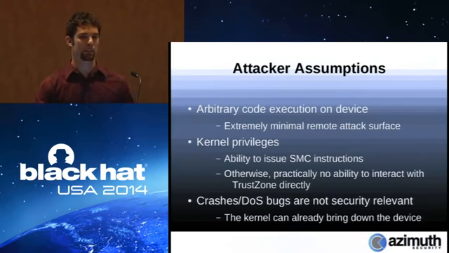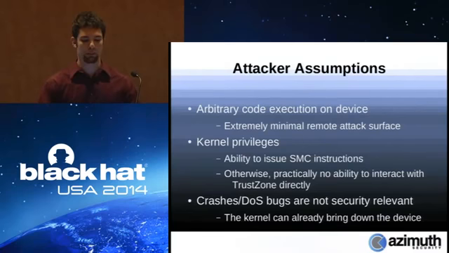Whether that be because the attacker is the owner of the phone who actually physically owns it, or an attacker that has gained access to a device and escalated privileges via a kernel exploit, which is a somewhat well understood process. The reason for this assumption is that we really want the ability to issue these SMC instructions because this provides by far the broadest attack surface.